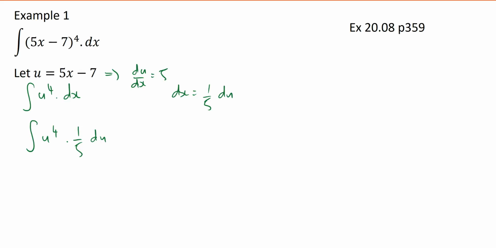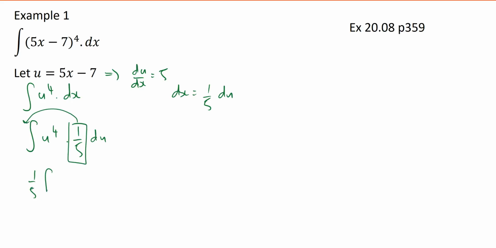And when I used the chain rule before, I had to times by the derivative, du by dx. So if you think about that, I'm actually undoing that part by doing it here. Okay, some of it can be quite tricky. Now I'm going to put that at the front because that's a constant.